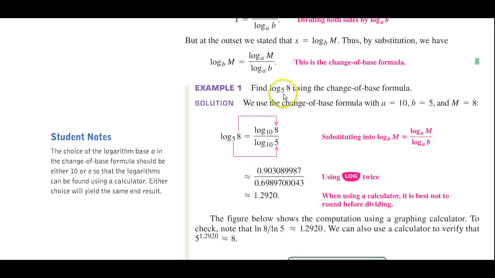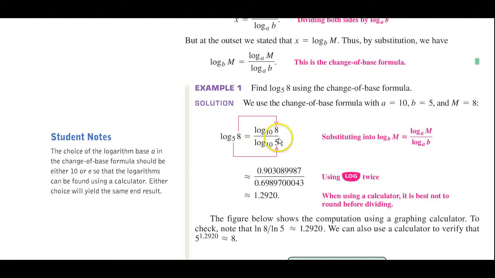Well, 5 will be our B right here. 10 is going to be our A right there. And M is going to be our 8. So we substitute then these values into our change of base formula. So we get log 10 of 8 over log 10 of 5.